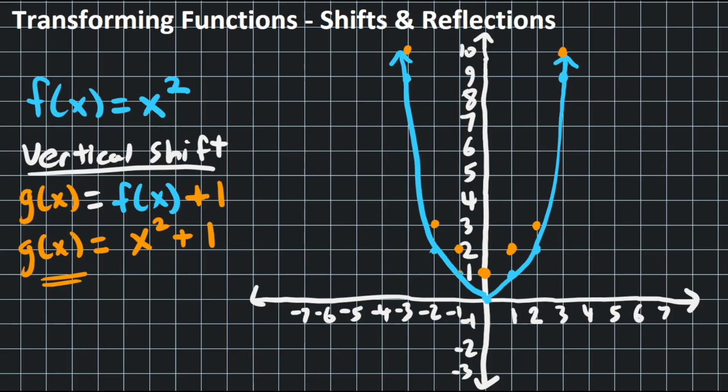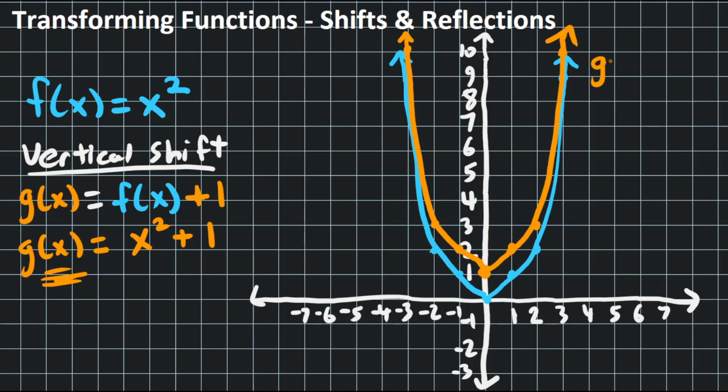And we're going to connect the points of this new parabola that we've plotted the points for. And we'll do the other side as well. Let me actually just do it from up here. Okay, there we go. So this new orange parabola that we have graphed, this is g of x.